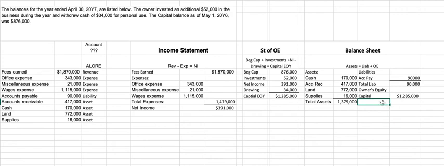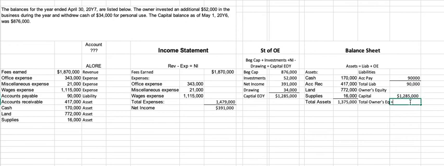Here we go. All right, so we have our assets on the left side of this balance sheet. And then on the right side, we have liabilities with a subtotal called total liabilities plus owner's equity. And I'm going to go ahead and create a subtotal called total owner's equity. Underline here.